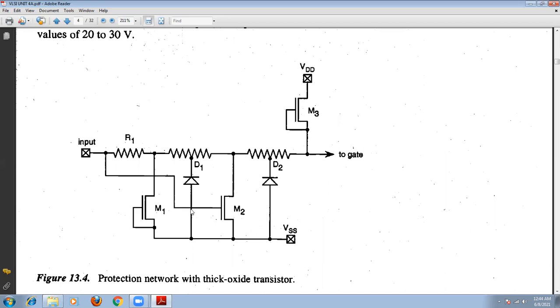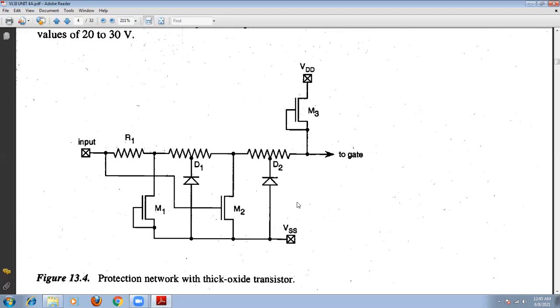So we are going to use the extra transistors M1, M2, and M3 in this case. Here M1 is a thick oxide pass-through transistor, M2 is a thin oxide NMOS transistor, and M3 is also a thin oxide NMOS transistor. All these transistors will operate in the saturation region.